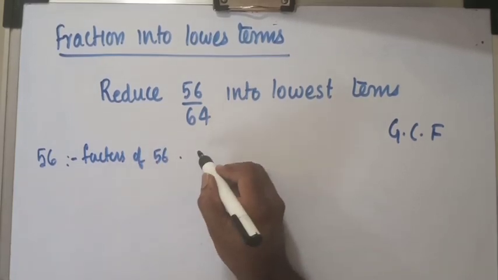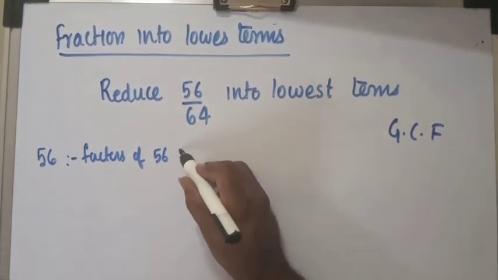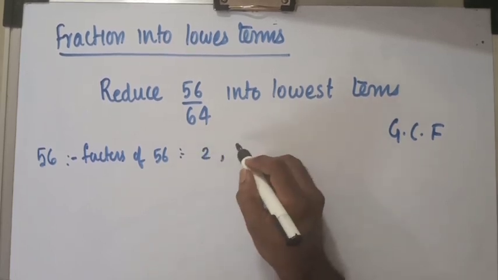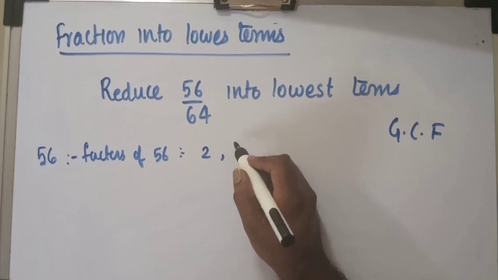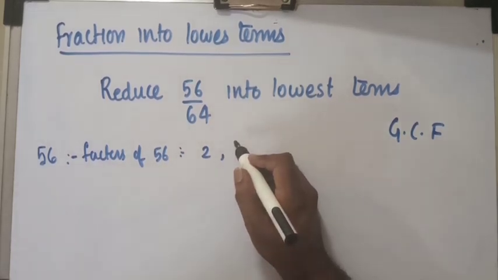The factors of 56: 56 goes in the table of 2. I need to teach you the rules of division, and if I teach you that, you'll find it very easy.